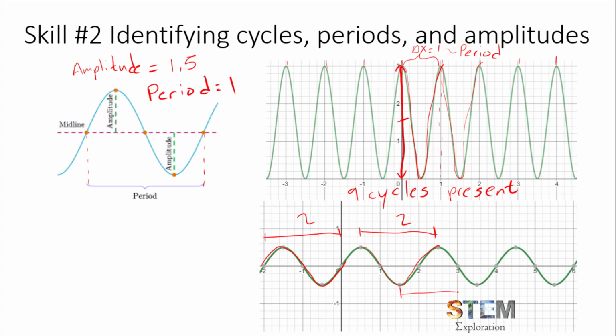How long does it take to go from minimum to minimum? Well, it takes a total of 2 units for this to occur. Okay, so whenever you're trying to identify the period, it doesn't matter what point you pick. You just have to identify where a portion of this periodic function starts and then restarts. All right, and based on this analysis, I can see that this has a period of 2.